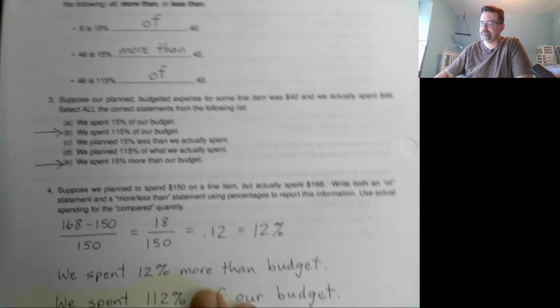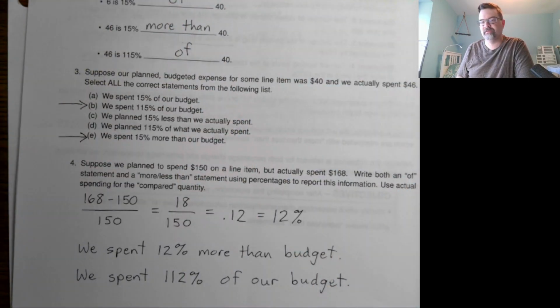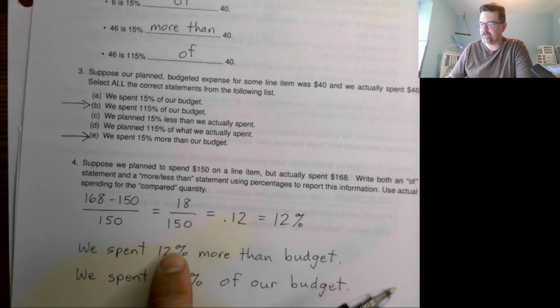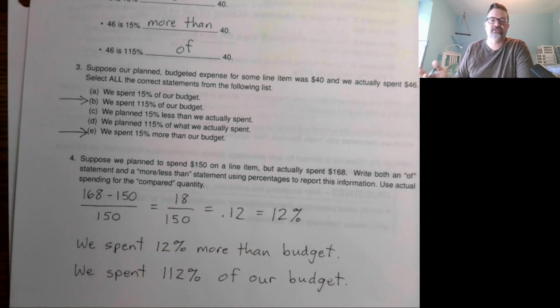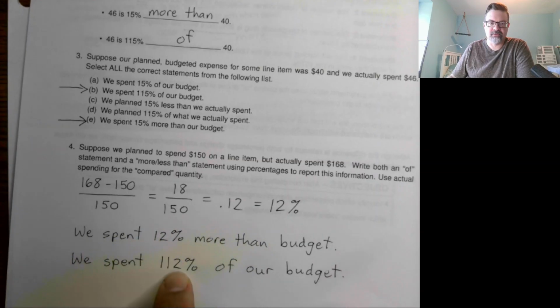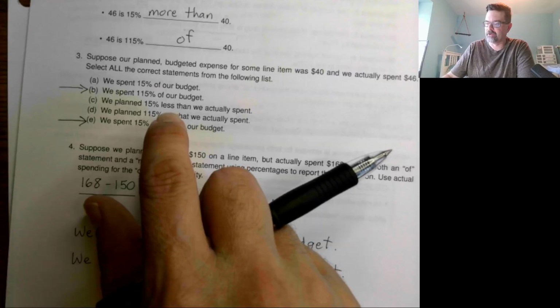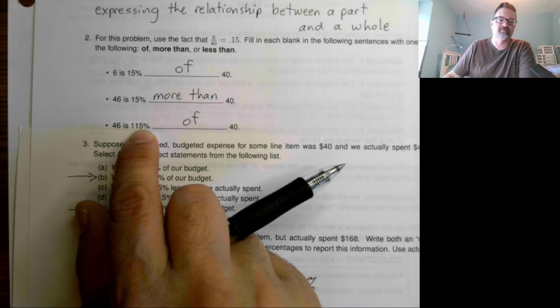So back here, for this question, and actually for the 46 versus 40 questions as well, we end up with two different percentages that are being stated. How are they related to each other? It seems pretty clear pretty quickly that here we've got 12%, we have 112%. And up here we were talking about 15% and 115%.